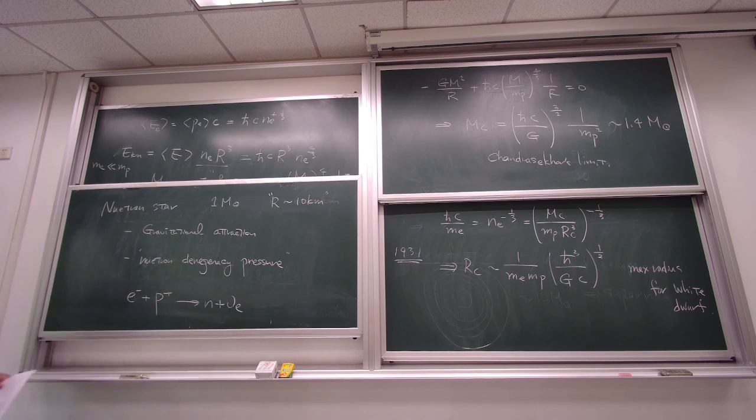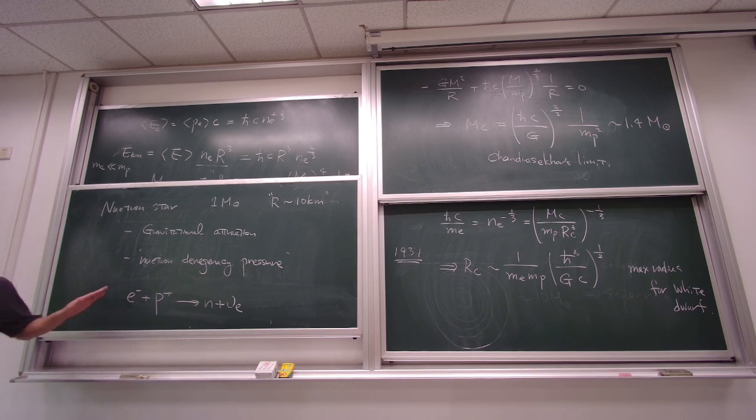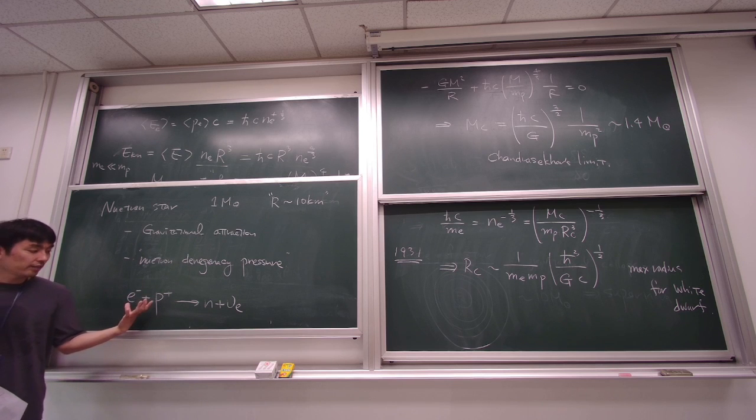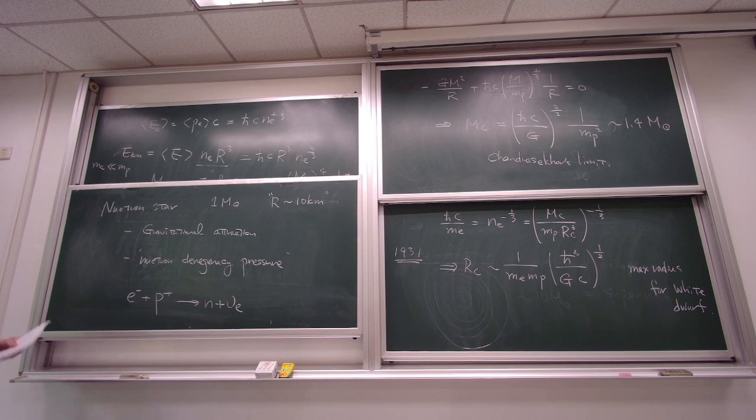Okay. So the electron and the proton have negative and positive charges, and they become a neutron after this. This process does not occur unless you have a very, very high pressure, because the neutron is slightly bigger than the proton.